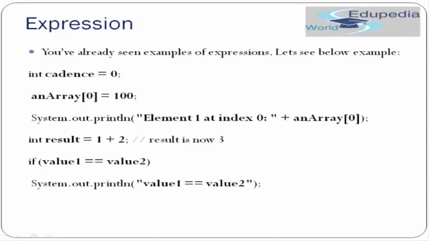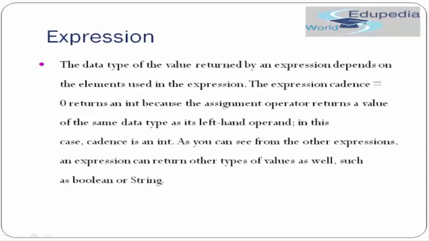Then we are writing System.out.println. Again, it is an expression and we are printing something in that. Then we are writing int result equals 1 plus 2. So we are computing something in this expression. Then we have if value1 is equal to value2 and then we are writing SOP. So this is also an expression.